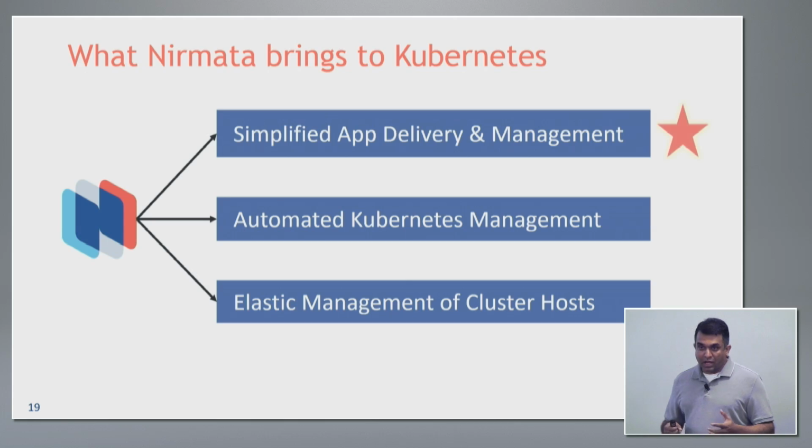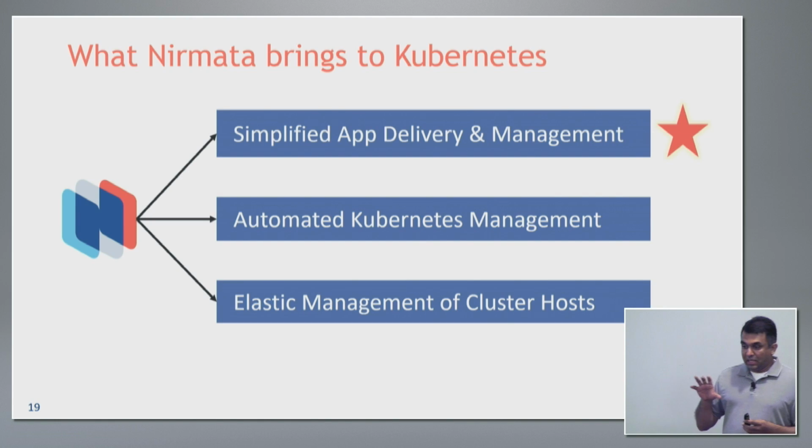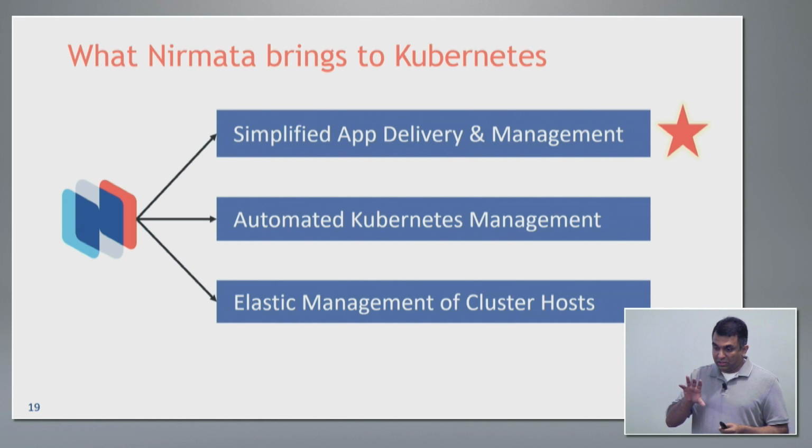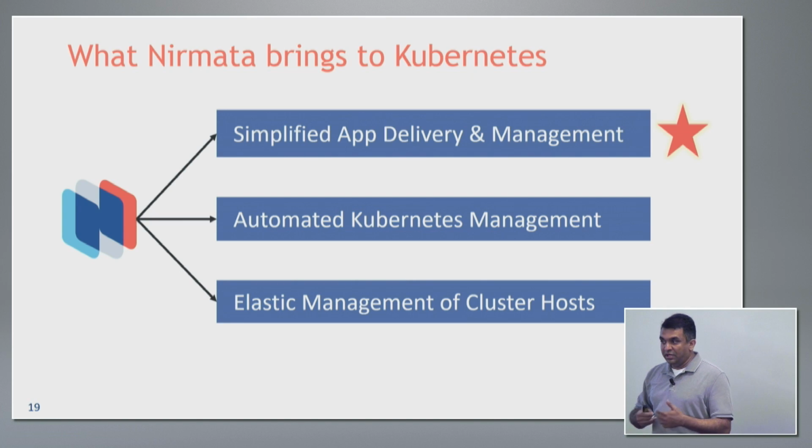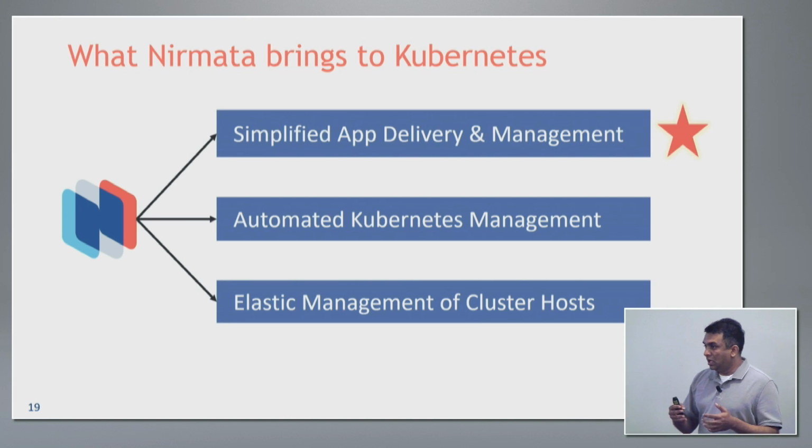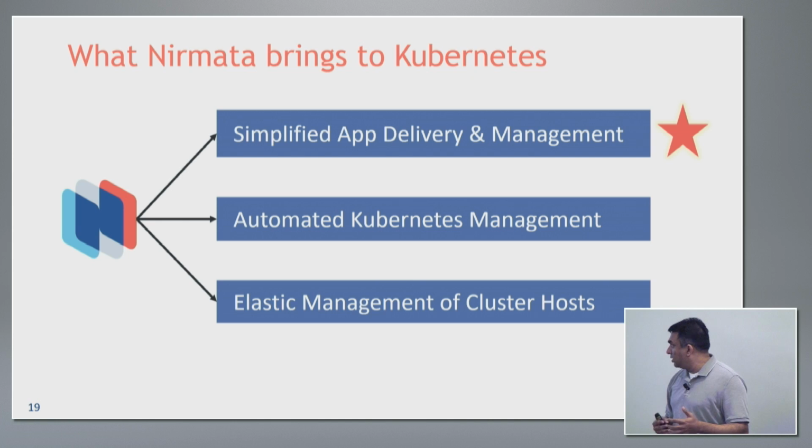So at Nirmata, we are taking the ease of use, the layers that Jim described in terms of the cluster, the host management, as well as the application delivery, and extending that to Kubernetes. From a host management perspective, we have integrations into cloud providers to provision host instances based on application needs, and then automate the cluster management.